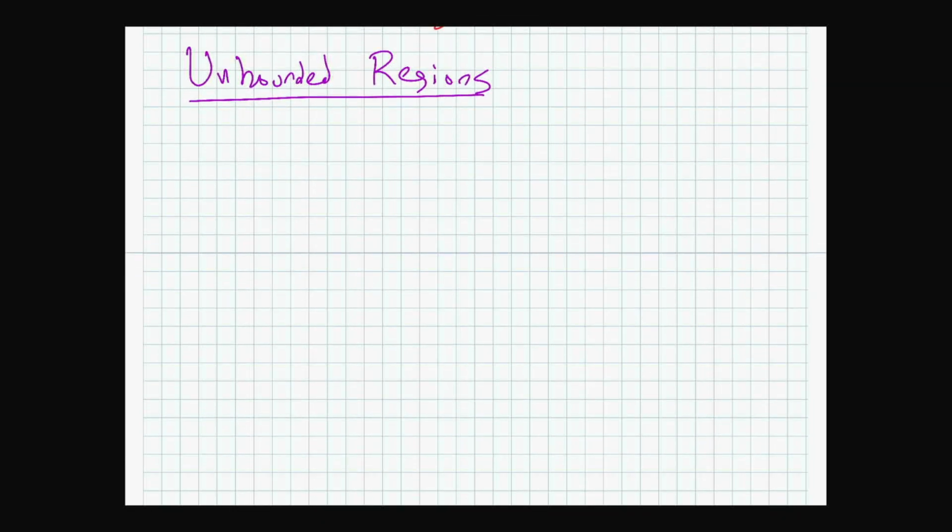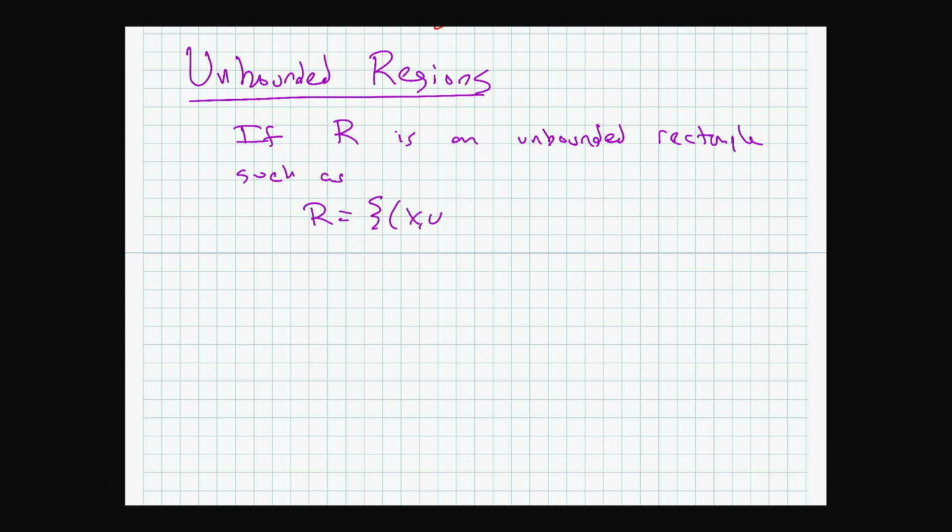If R is an unbounded rectangle, such as R equals the set of x, y where x goes out to infinity, and also y goes out to infinity.